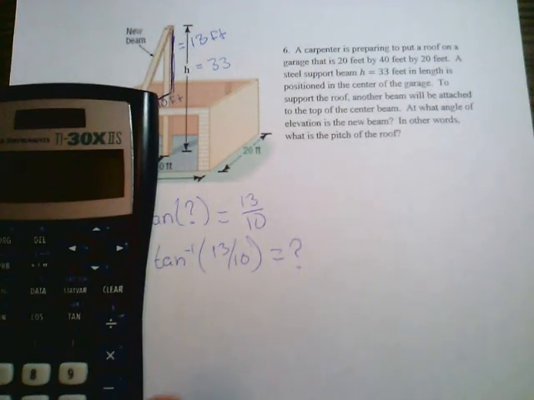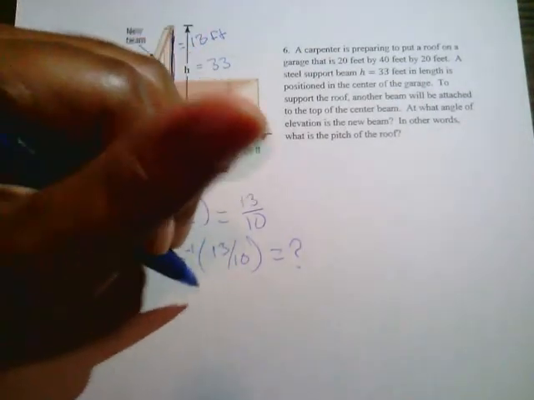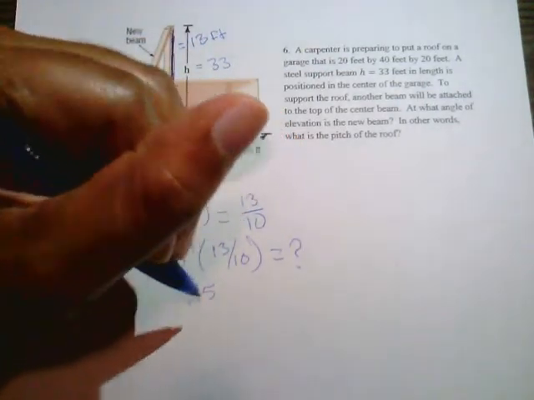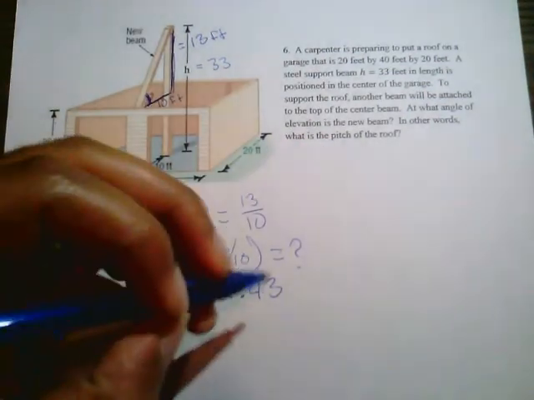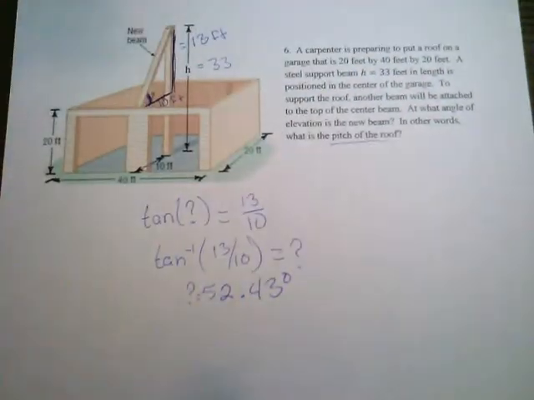So that's 52.43. So there's our angle. There's the pitch of the roof.